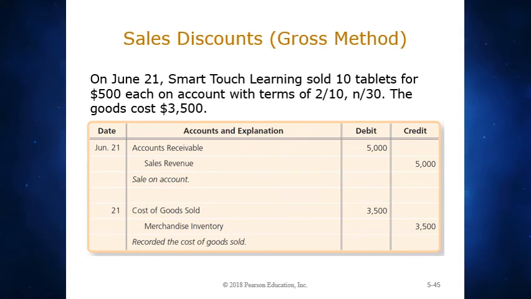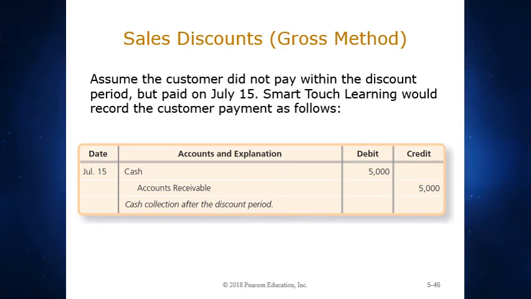So we record it as accounts receivable is increased by $5,000, sales revenue is increased by $5,000, cost of goods sold is increased by $3,500, and merchandise inventory is reduced by $3,500. Then when they go to pay it, if they did not pay within the correct time, record it just like this. Cash increases by $5,000, accounts receivable reduces by $5,000.